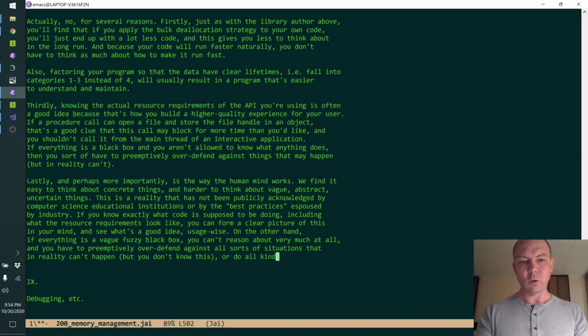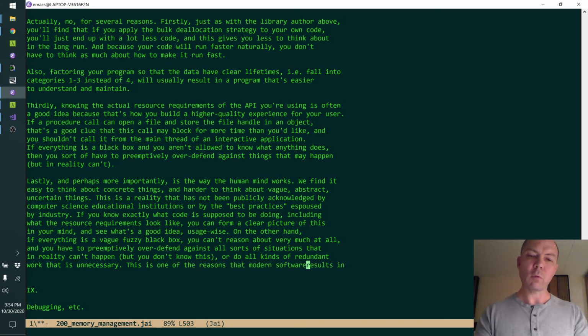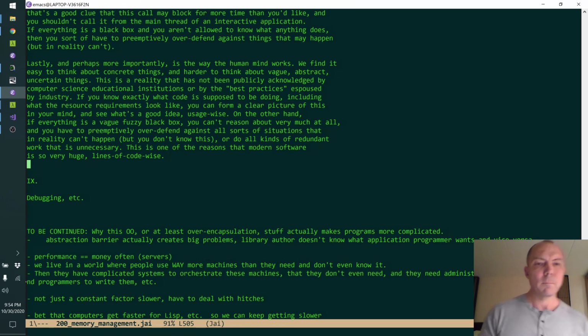Or do all kinds of redundant work that is unnecessary. This is one of the reasons that modern software is so very huge, lines of code wise. Right?